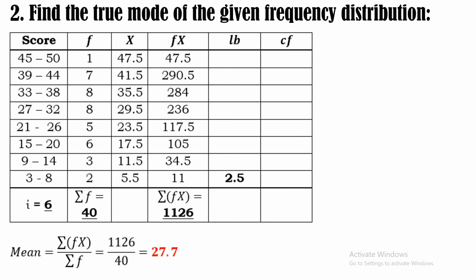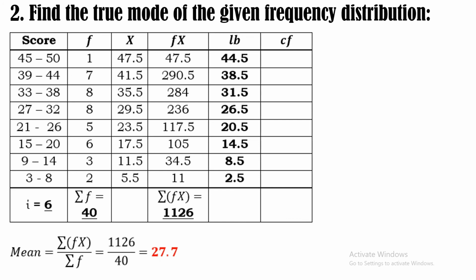So we have 8.5 plus 6 again, that's 14.5. Plus another 6, it's 20.5, then 26.5, then 31.5, then 38.5, and then of course we have 44.5.